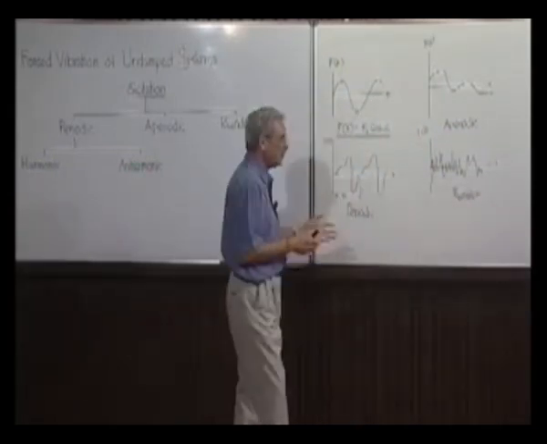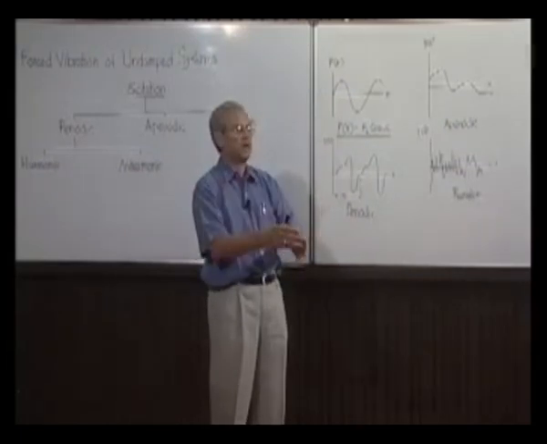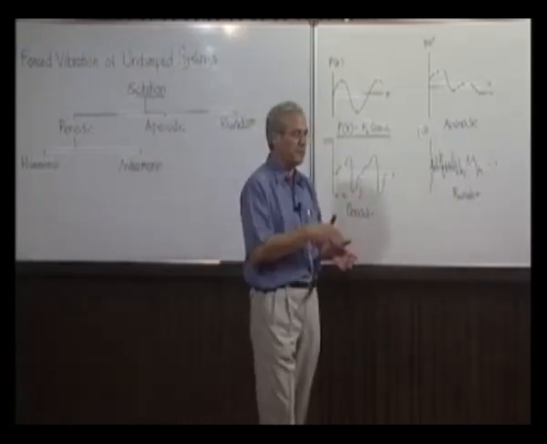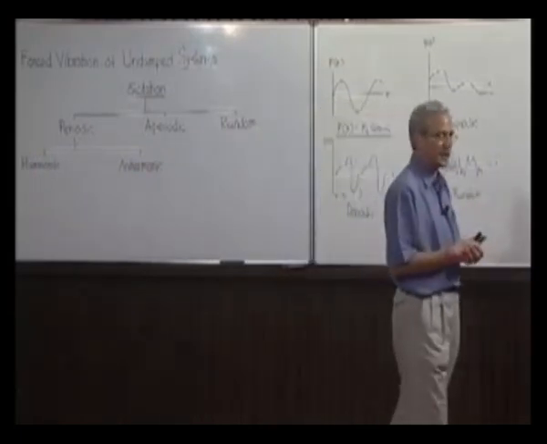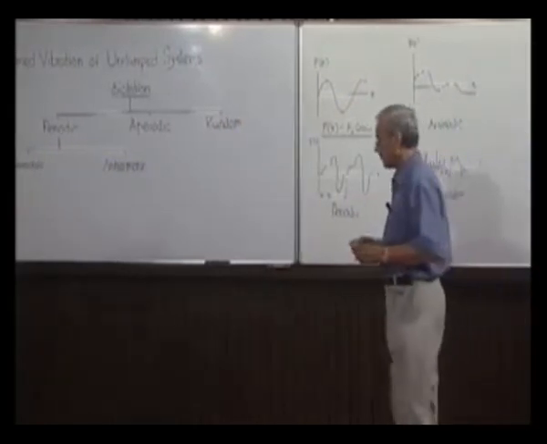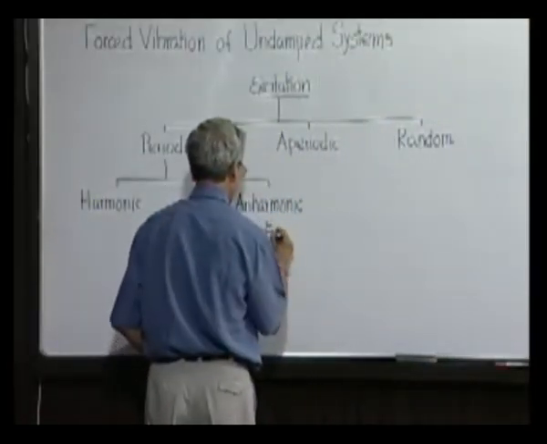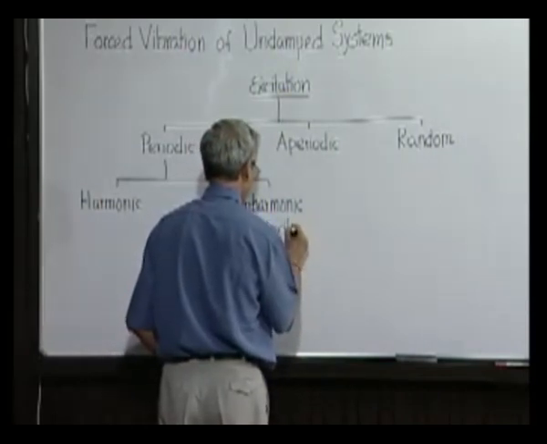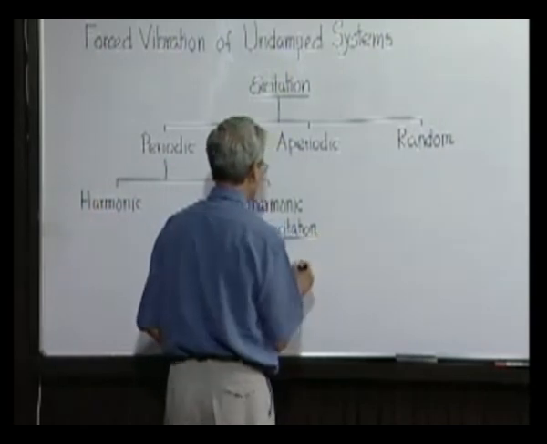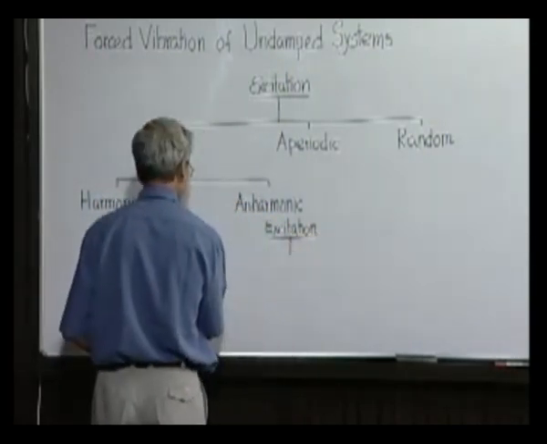Sometimes a system vibrates by itself. Only thing that we have to supply is a source of energy. Sometimes it is excited by a periodic variation of one of the parameters, either stiffness or inertia or something. So there is another way of classifying excitation, based on where from or how it is being excited.